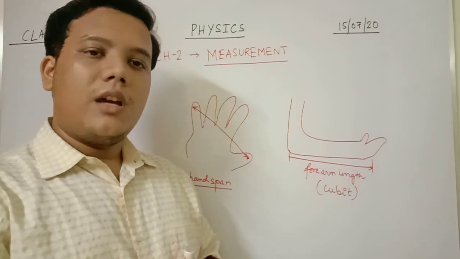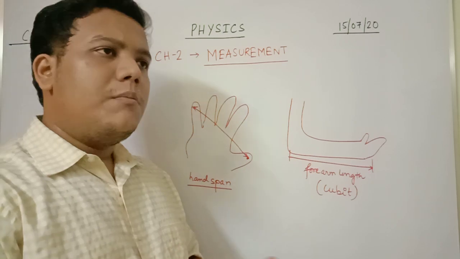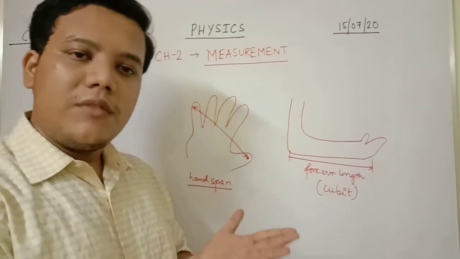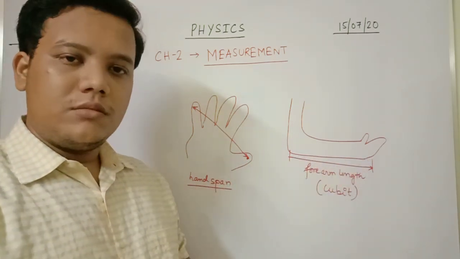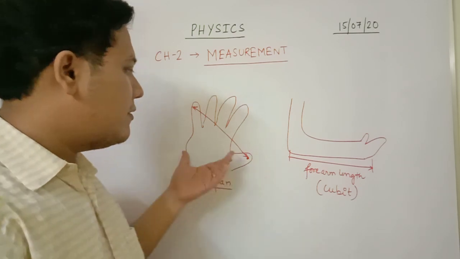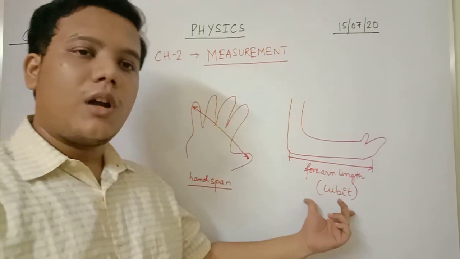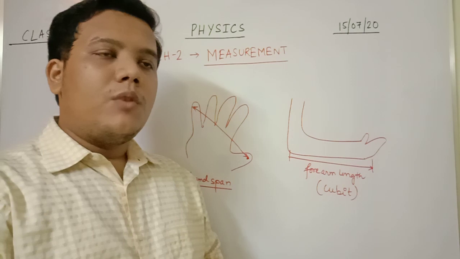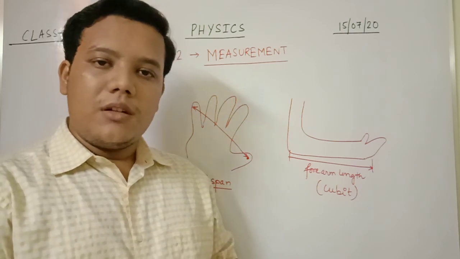But one thing I wonder: many people have many different measurements of their hand or their forearm length. So various people will have different hand spans or different forearm lengths. That is why we couldn't get a proper measurement.